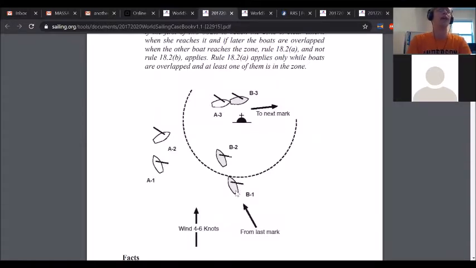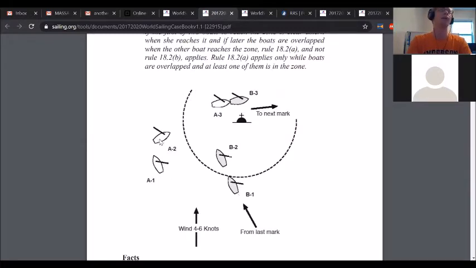So we have two boats here, and remember we talked about overlap. We can find that boat A is clear ahead of boat B, because if we draw that line right across at right angles to the transom, the back of the boat, boat B is behind that line, right?